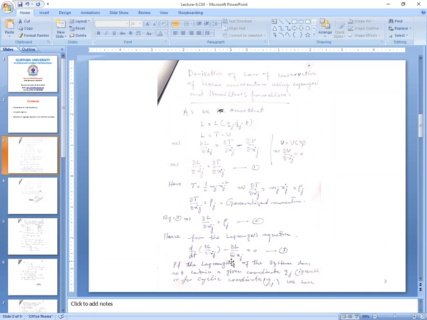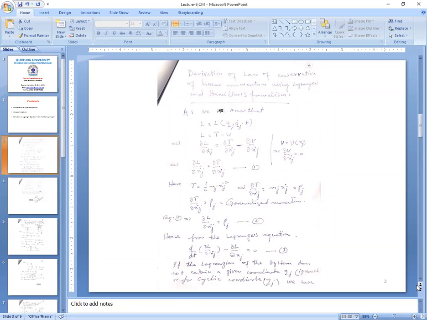So ∂U/∂x is basically the potential gradient, minus del U, which is equal to the force F in a conservative field. For this term, we can write force F, or Fj. So here we can write d by dt of Pj, and here we can write F.